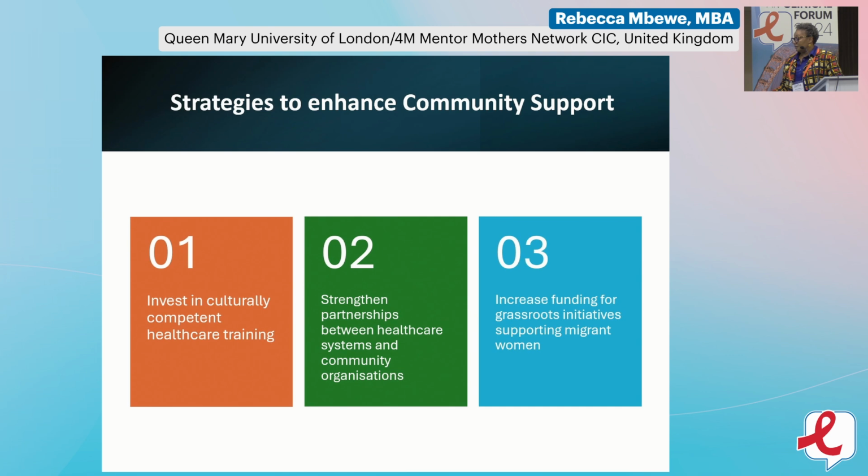We need to strengthen partnerships between healthcare systems and community organizations. I've seen lots of links where we can be of really great support, but all of that needs funding for grassroots organisations to support these migrant women, and that needs to be long-term and sustainable so that we can continue this kind of work.